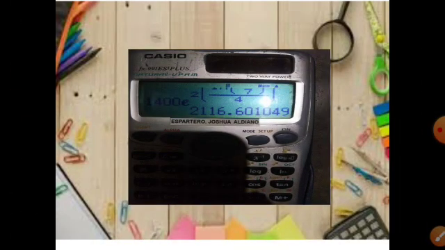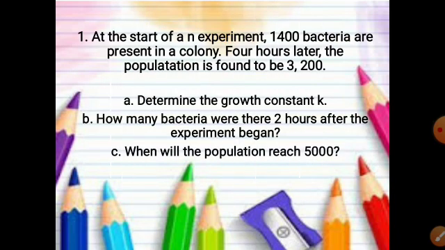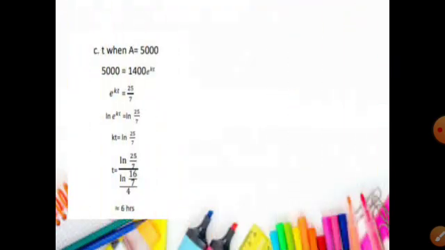So next, problem C. When will the population reach 5,000? So find t when A is equal to 5,000, which is the total population. So 5,000 equal to 1,400 e raised to kt.